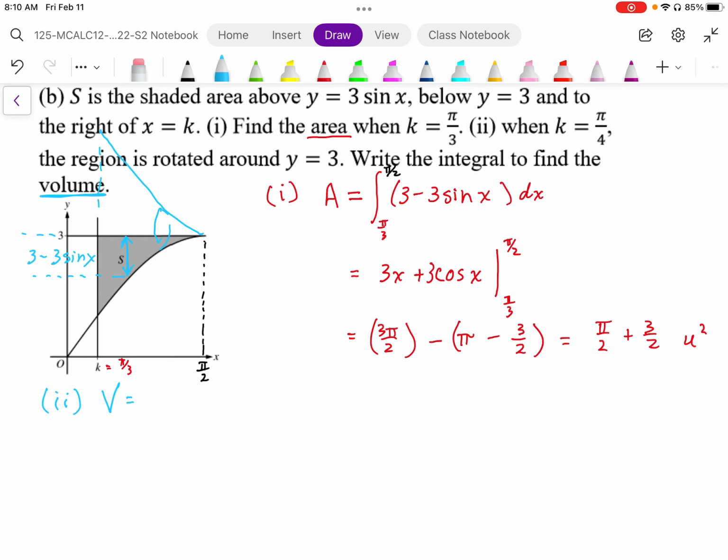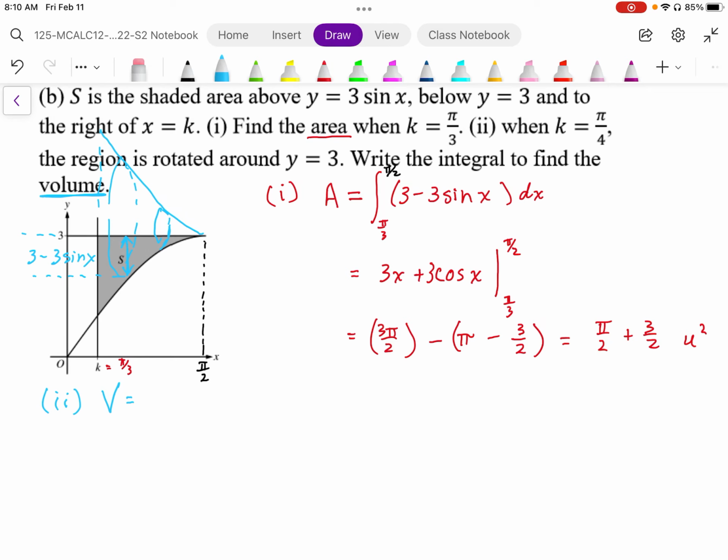And that shape is going to be rotated, and so we're going to end up with some kind of cone on its side. If you look from the side, it looks kind of like a mountain. So the volume is going to be generated again by circular discs.